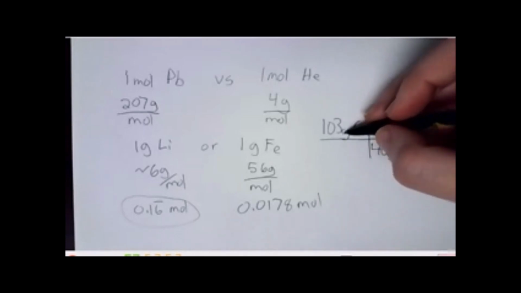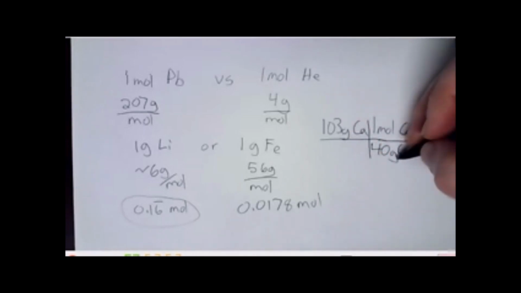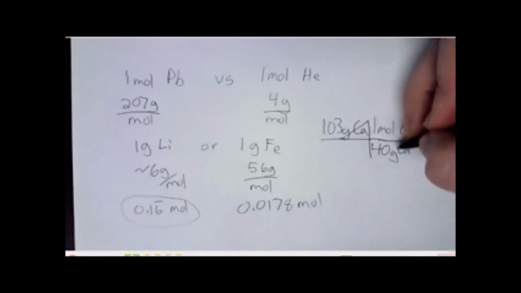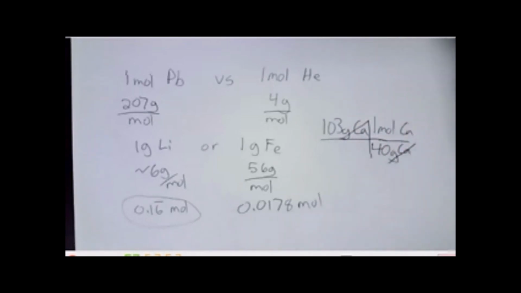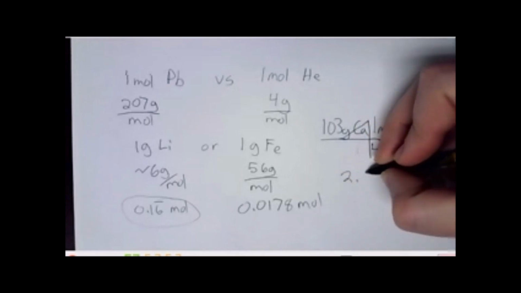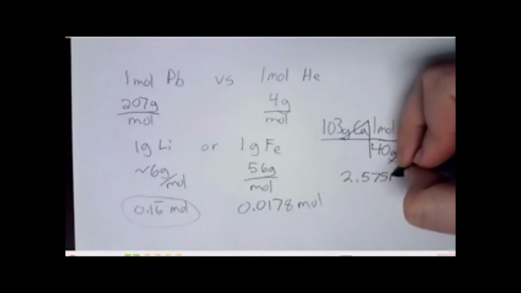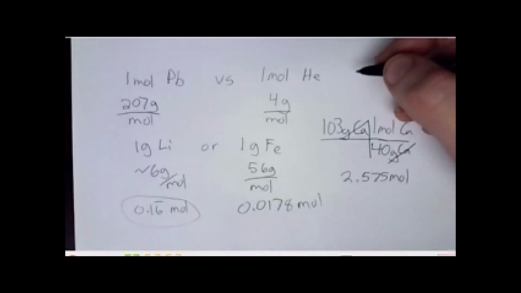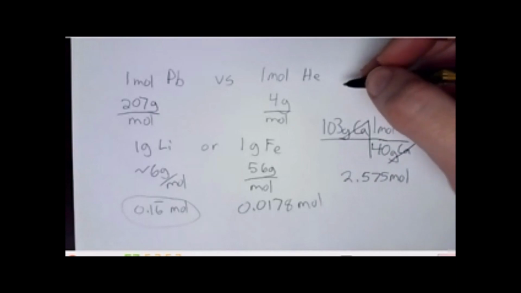Because I have grams of calcium up top, I need grams of calcium in the bottom, and that would cancel to give us moles of calcium. So 103 divided by 40 gives us, how many moles would that be? 2.575 moles. The equivalent of saying, we have 2.5 dozen. It said 2.5 moles.